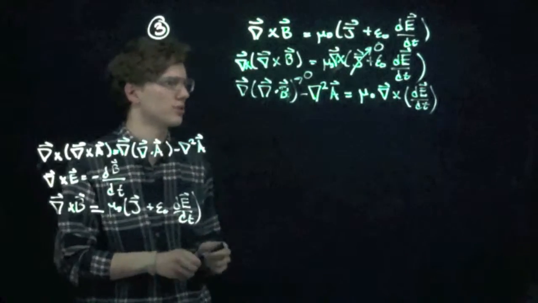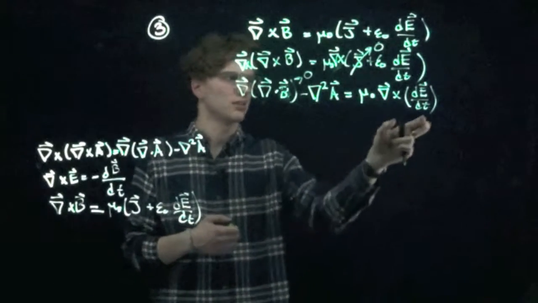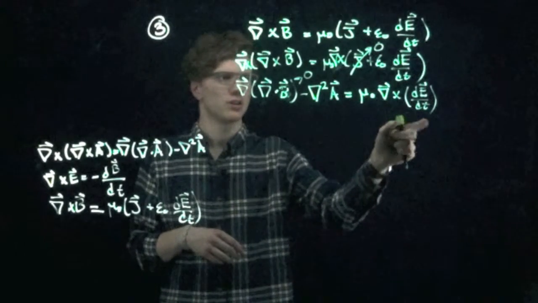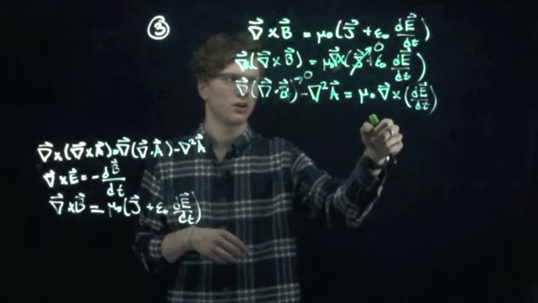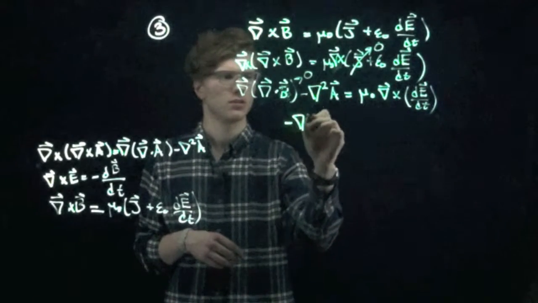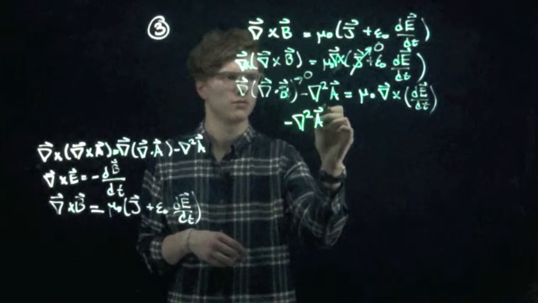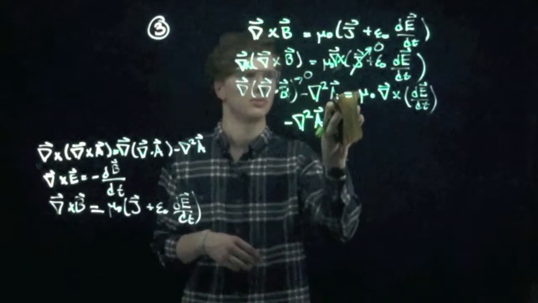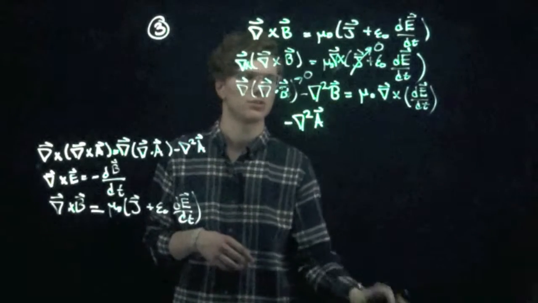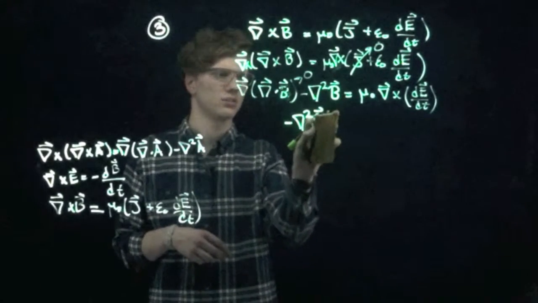I'm just going to switch markers here. And because this is a special case like we discussed in class, this derivative here can be brought outside of our curl. So we're going to end up with negative Laplacian of B, oh, I missed that, that should be a B. I was copying down the equation too closely.